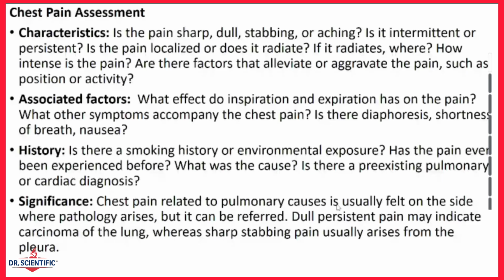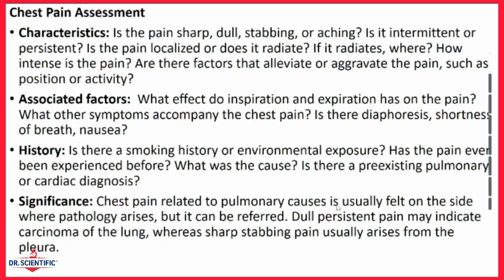The characteristics of the pain, which you have just mentioned: the location, localized to one side of the chest or radiating to the shoulder or to the back. The aggravating factors like deep breathing, coughing, sneezing, and the relieving factors.